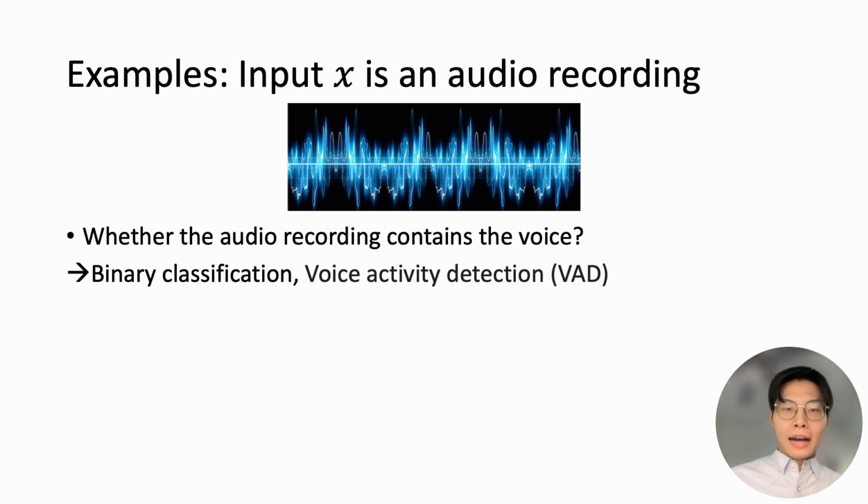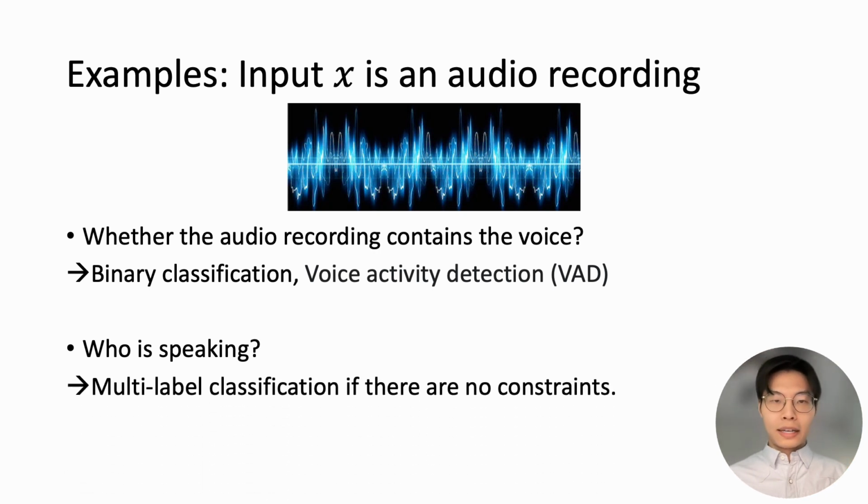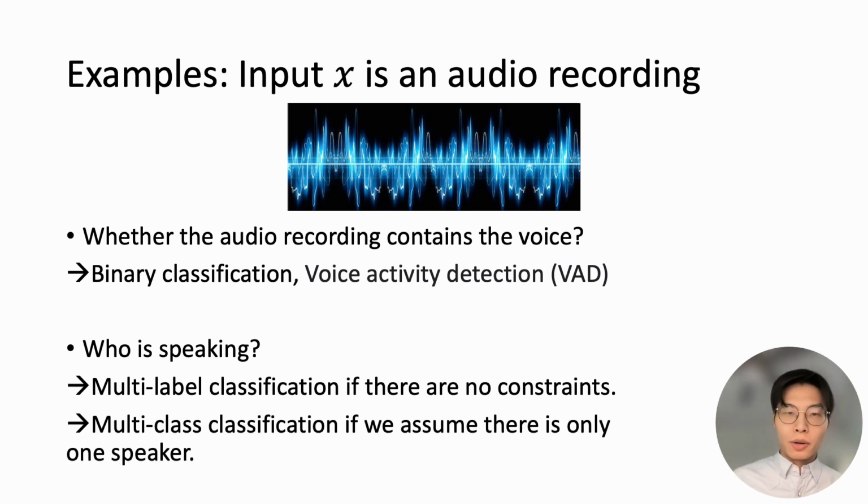When we want to identify who is speaking, what's the potential classification problem? If there is no constraint, this can be a multi-label classification problem, as two speakers may speak at the same time. However, typically we will assume there is only one speaker. This then becomes a multi-class classification problem.